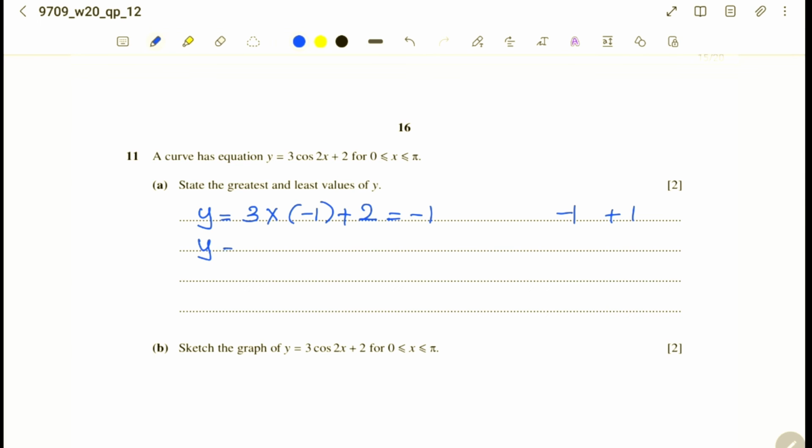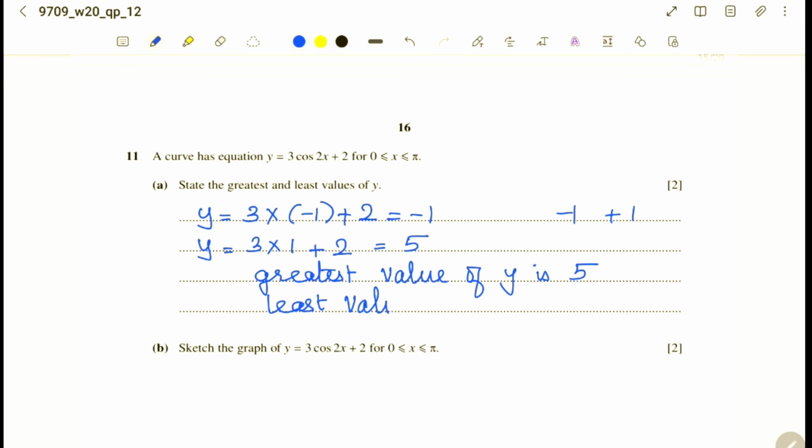Y is equal to 3 multiplied by 1 plus 2, which equals 5. So the greatest value is 5 and the least value of y is negative 1.